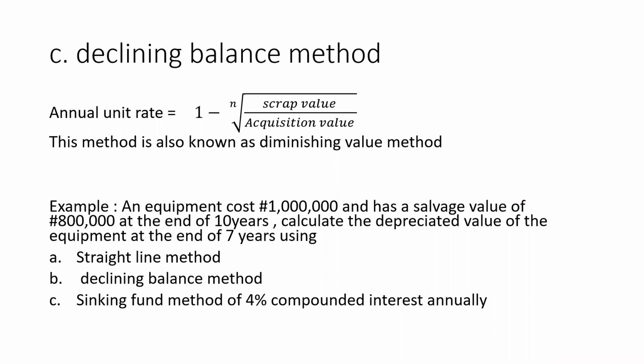So the question is, calculate the depreciated value of the equipment at the end of 7 years using A, straight line method, B, declining balance method, C, sinking fund method, at 4% compounded interest annually.